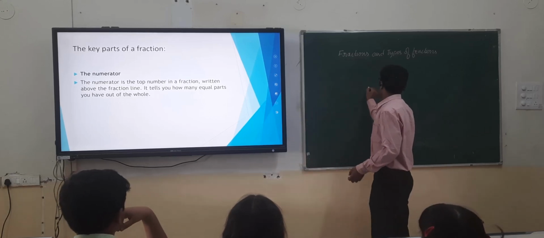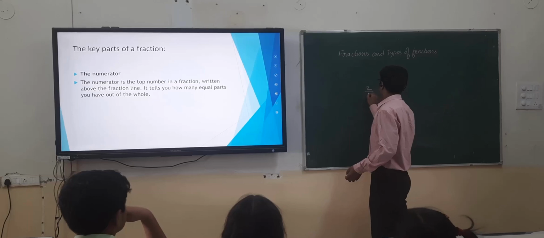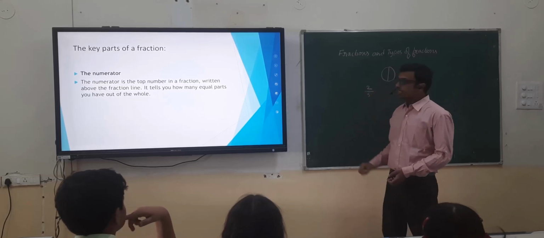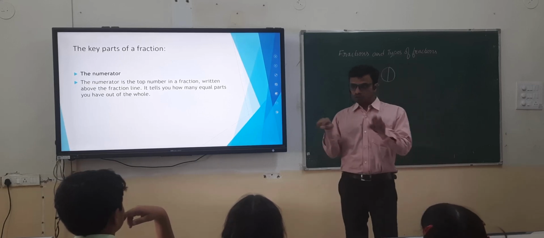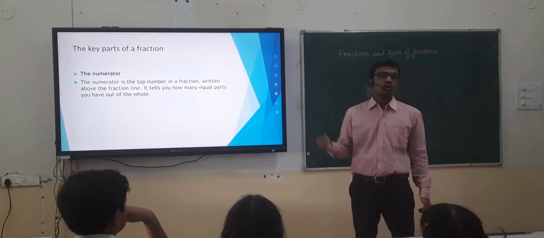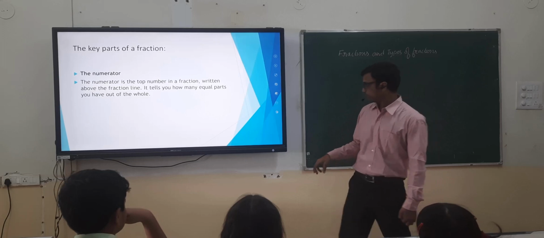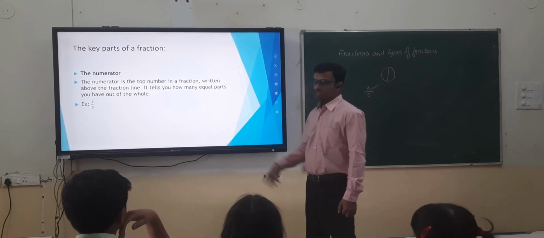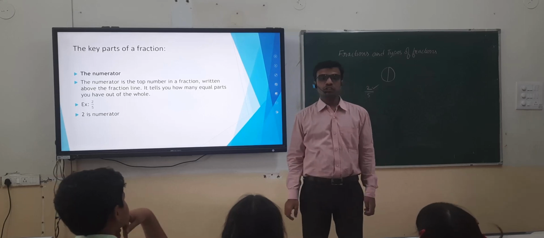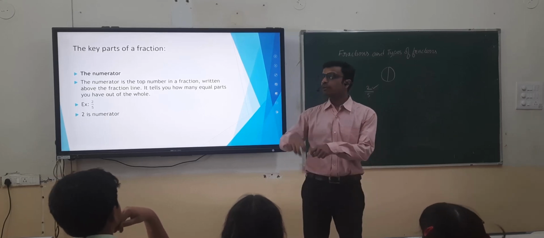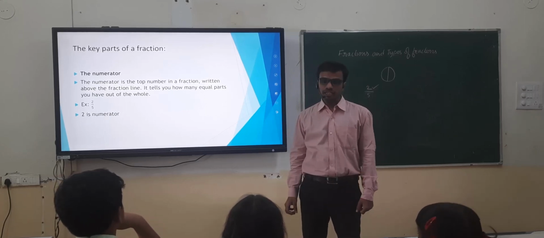So if I take the fraction 2 by 5, 2 is called the numerator, which means out of the whole we have selected 2 parts. The meaning is that many parts we have selected.